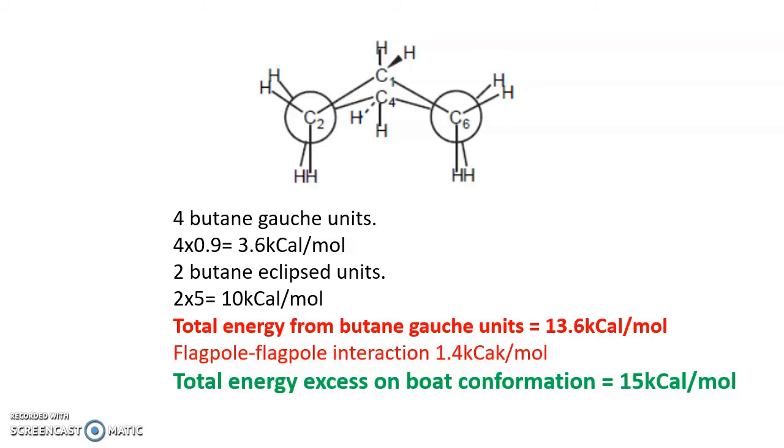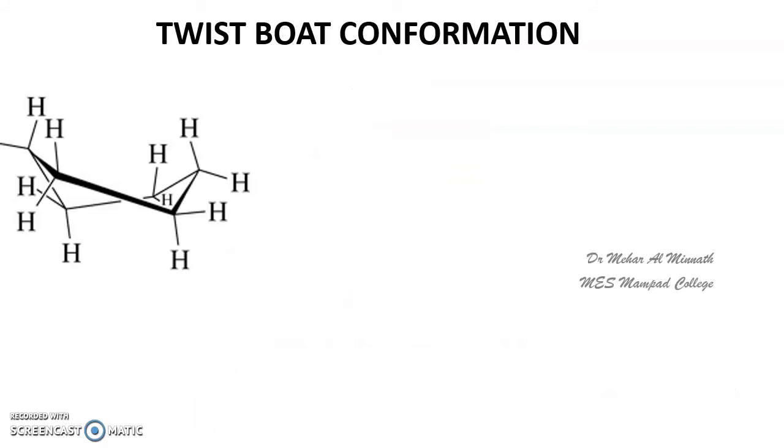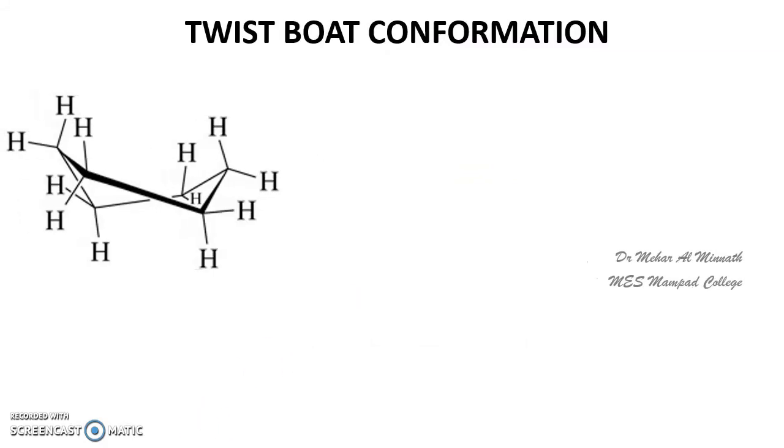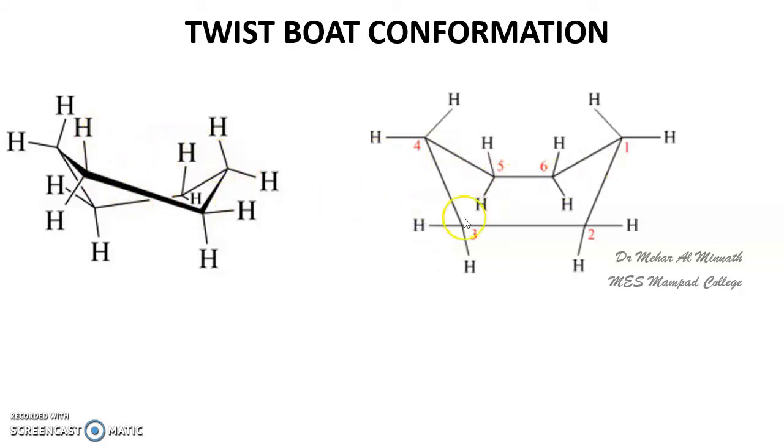Right, now we go back to the other, we'll take up the twist boat form. When we take up the twist conformer, the conformer appears like this. I don't have a 3D model for this. When you look at this conformer, you find that the hydrogen atoms are skewed when compared to the boat form. In the boat form, the hydrogen atoms are eclipsed over here, but here they are skewed.